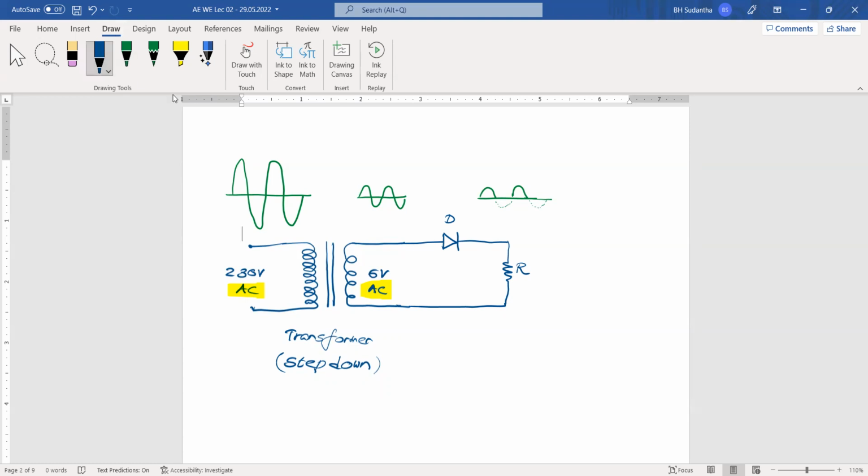Then when you consider from this point onwards, this side, this AC to DC rectification is done by this diode.